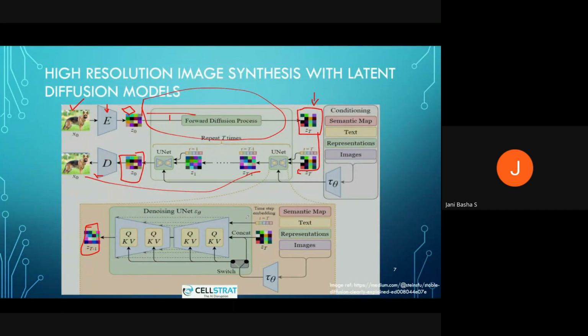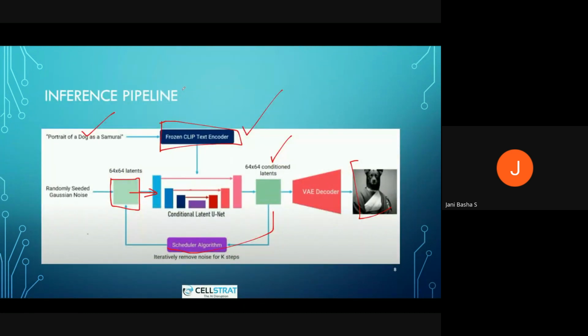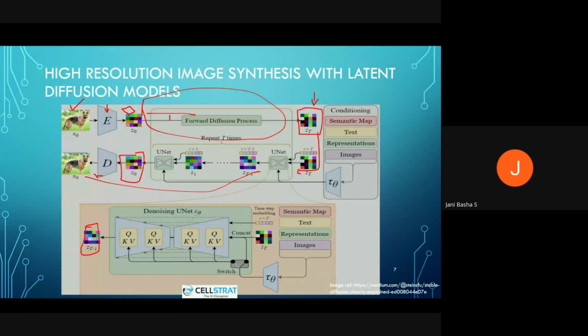We have already seen vision transformers doing great things in the space of vision. So they wanted to make use of transformers in the space of vision, replacing the UNet in the diffusion models. But we cannot simply replace the UNet with transformers.